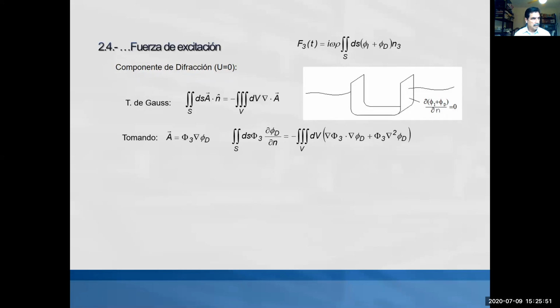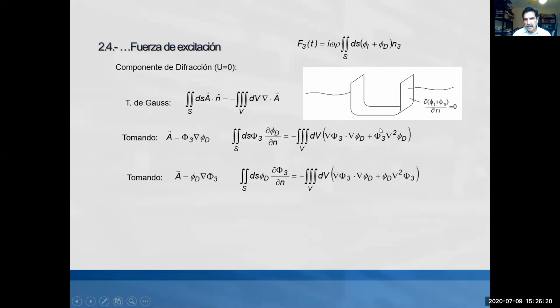Scalar. So phi3 is a scalar, and phi d is also a scalar, but when you see this operator, this converts a scalar into a vector. So the result of all of this operation is a vector. You replace this in here and there, and this is what you have. Then you take something similar for the A and apply again the Gauss theorem.